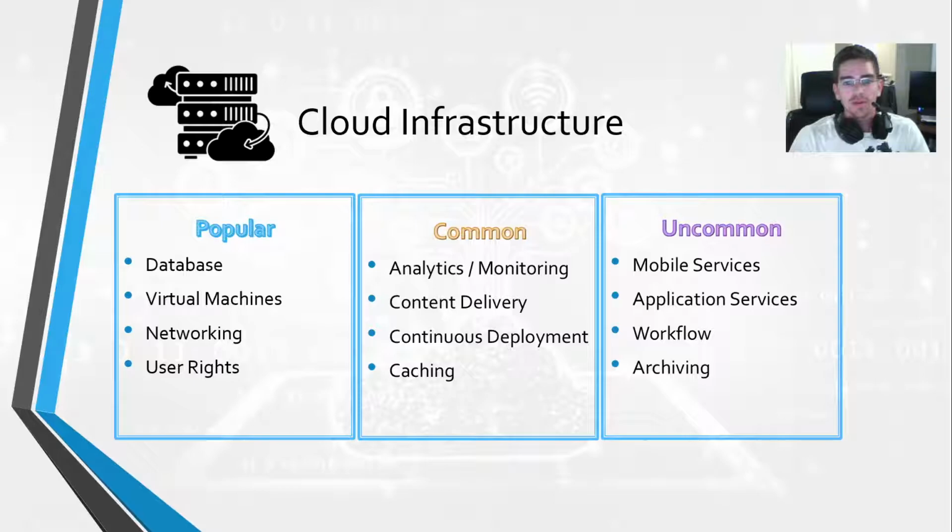You have business workflows that might need to be there, or you also have archiving services such as Amazon Glacier, or if you run a large WordPress site, you might want to archive old posts that are getting very low hit rates. So these are all types of things that every cloud infrastructure player has on the market.